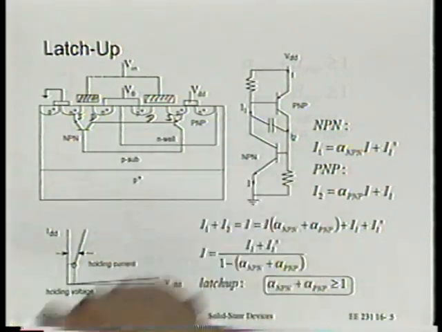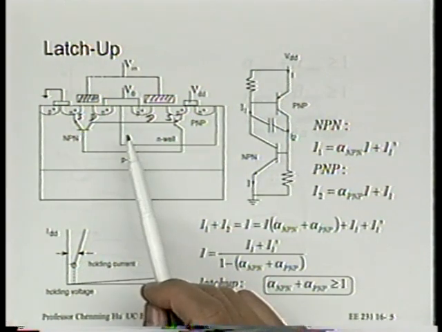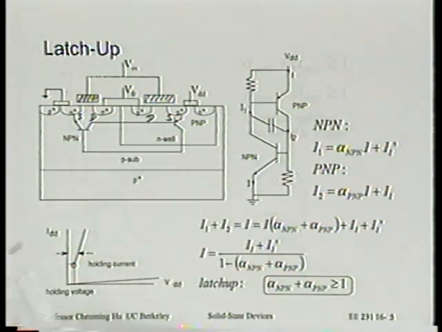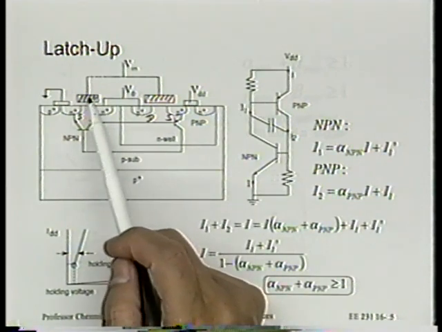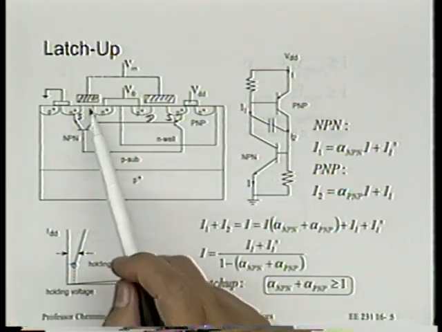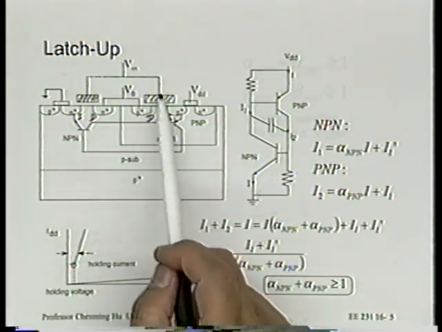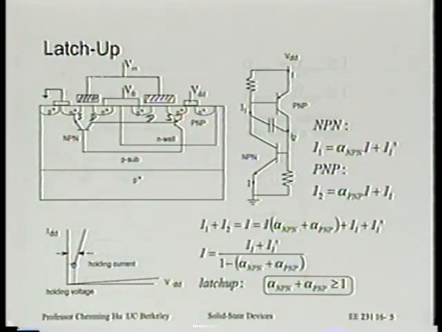So let's just look at the basics. We have the N-channel transistor here and the P-channel transistor here. These two transistors are connected in an inverter circuit, which means the gates of these two transistors are connected together and the input voltage is applied to the gates.